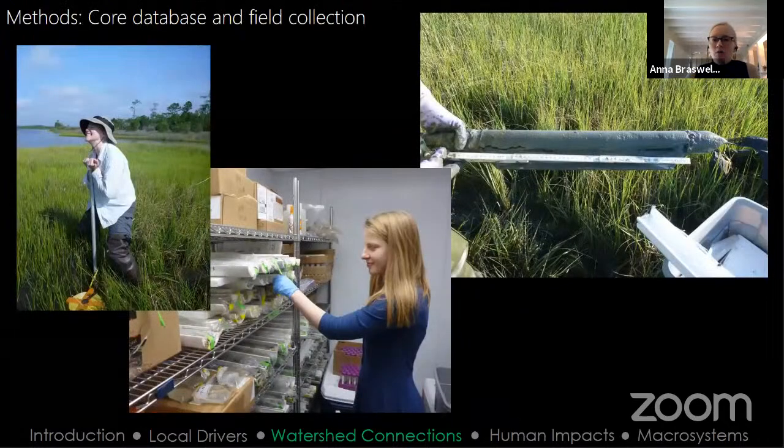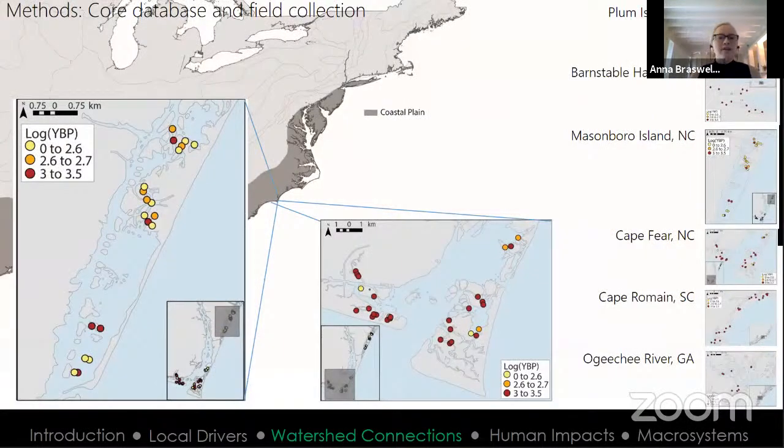We also did our own core collection. We went out and took cores ourselves and radiocarbon dated those. These were in paired sites from Massachusetts to Georgia, one side of the pair that was more river influenced and one side that was less.